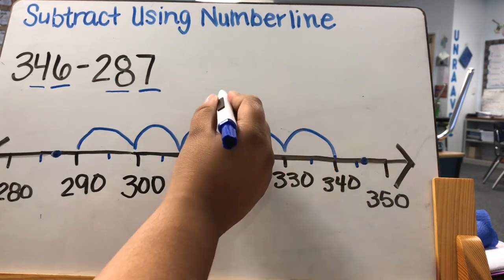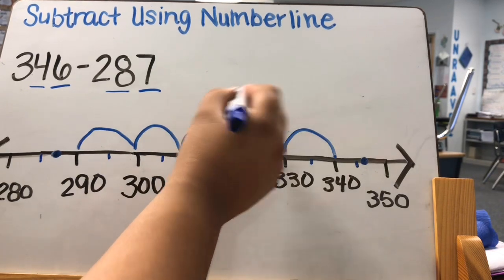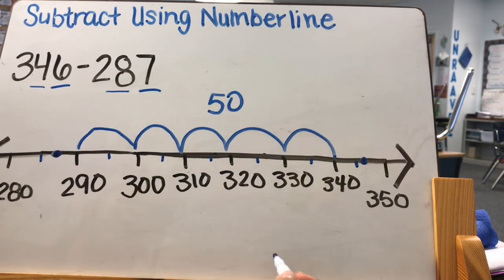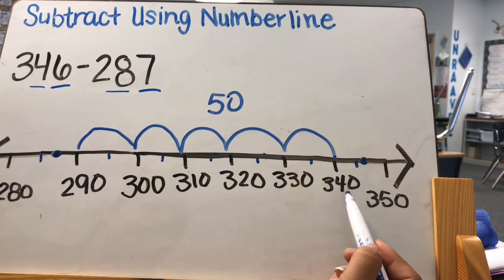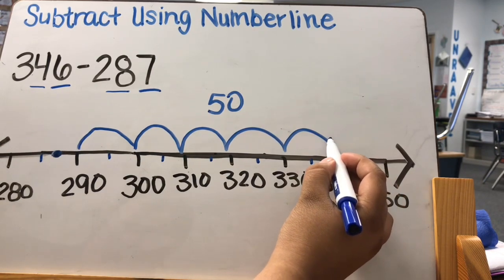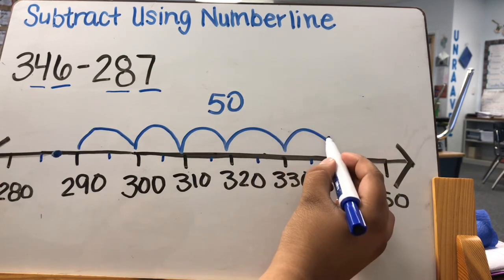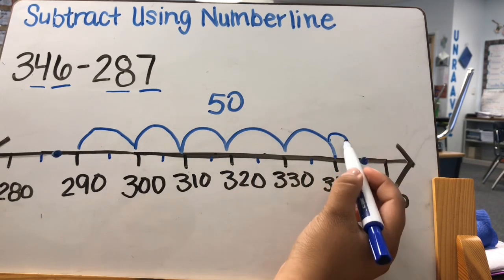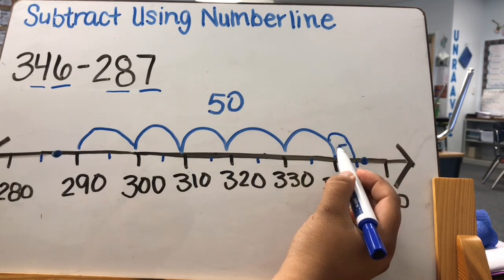I have a total of 50 from humps that each have the value of 10. Now I'm going to go to my 340, and I know that I have a hill. So these are my mountains and this is my hill, and my hill has a value of 5.